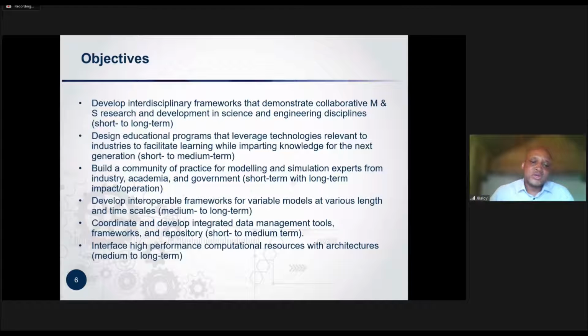And then also to interface high performance computational resources with architectures that will be developed, software architectures that will be purpose built to give these resources, these tools that we're talking about, the capability to run using the high performance computational infrastructure that sits with the CHPC, with NICIS. Because what we are foreseeing here is not just one individual researcher being able to run it on their own machine.